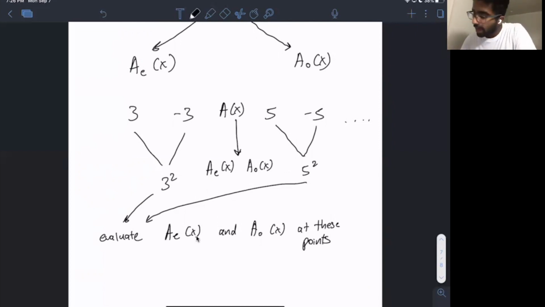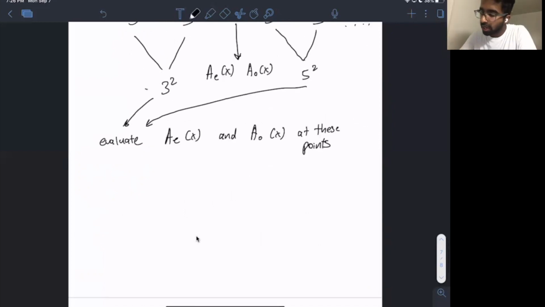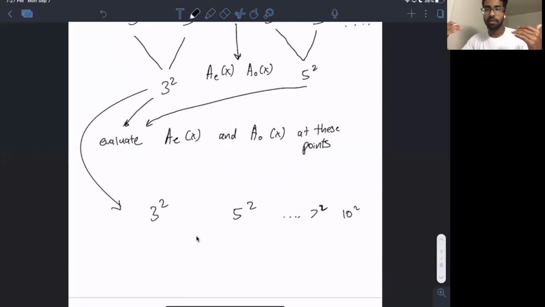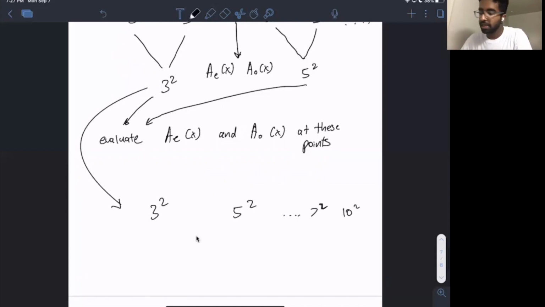And so to do so, we're going to have these values, like this 3 squared, 5 squared. We're going to get a bunch of other squares, let's say 7 squared, 10 squared, etc. We're going to have to be able to combine these in the same way, right? So there's going to have to be another value that we can combine with 3 squared that will serve as its plus minus pair, right?